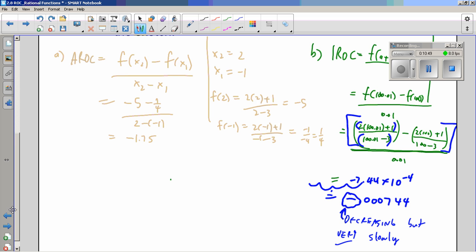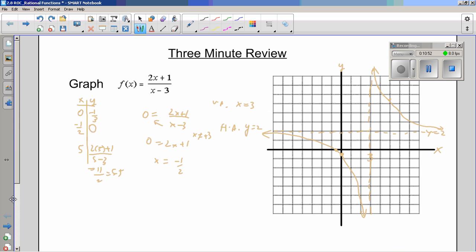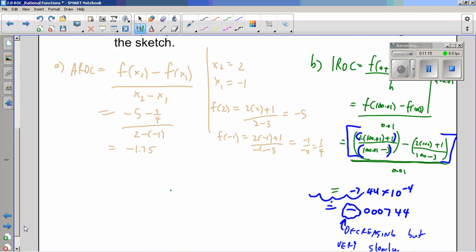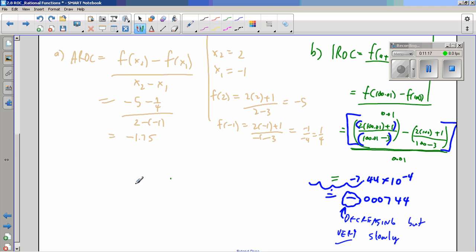And that makes sense. If I were to go to the graph, way out here, now obviously 100 would be way out to the right, but I can see it's decreasing quickly in here, but then very slowly. Think of even x equals 10. The tangent's very slow. If I were to keep going, could I convince you that it would have a slope of negative 0.00074? Yes.